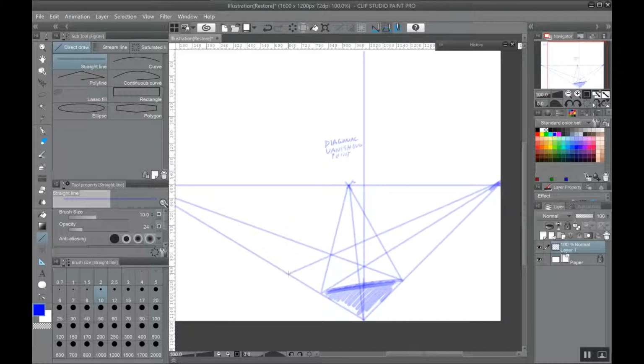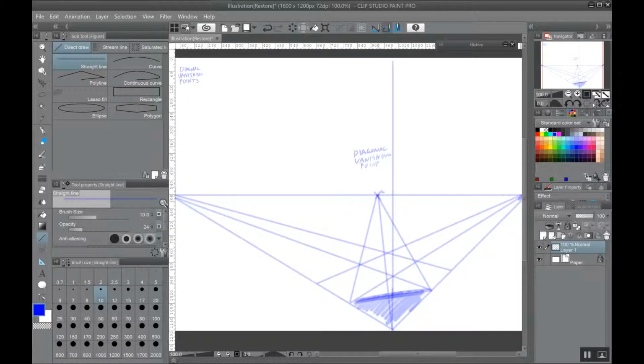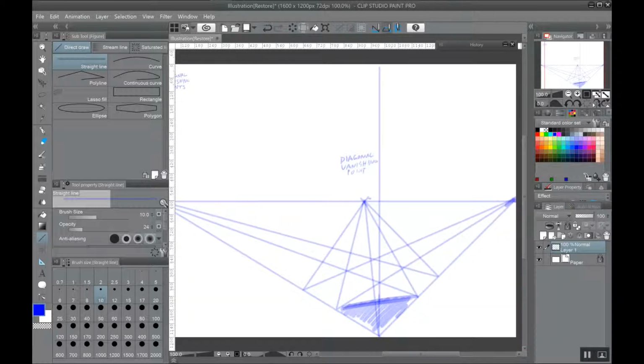Left and right intersects here. And left and right will intersect here. And the diagonal will meet the left and right there. And rinse and repeat. Left and right.